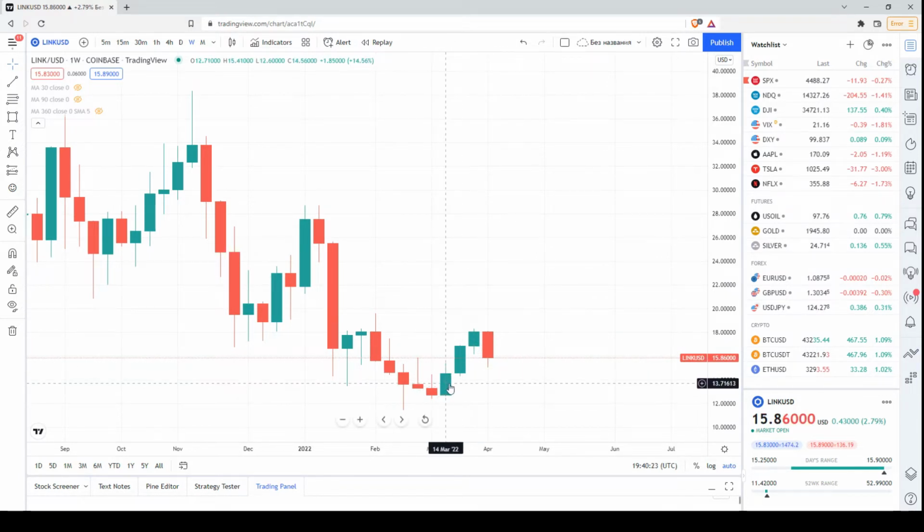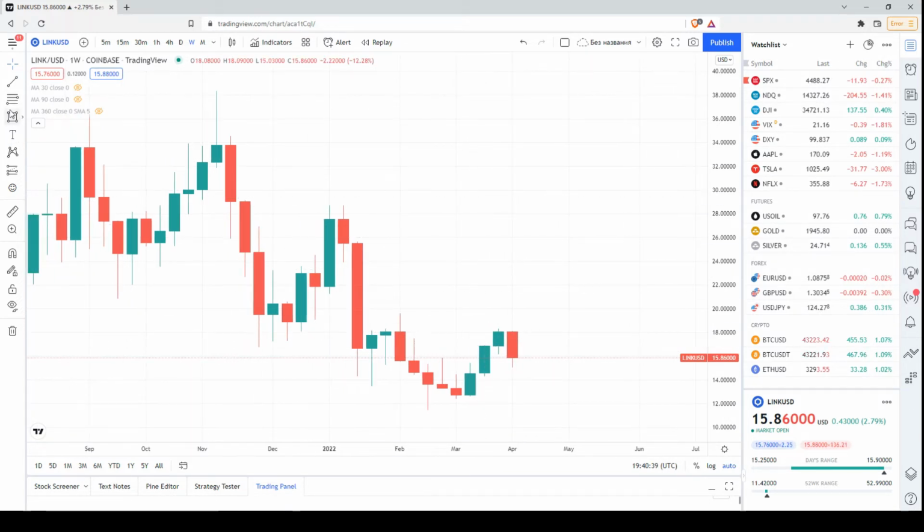We see that there is a sequence of three bullish candlesticks with higher lows and higher highs. However, the current candlestick, and today is Sunday, the last day of the week, has a bearish body. It completely covers the body of the previous candlestick, so we have a bearish engulfing, and probably at the end of the day we will see a confirmation of this bearish engulfing.